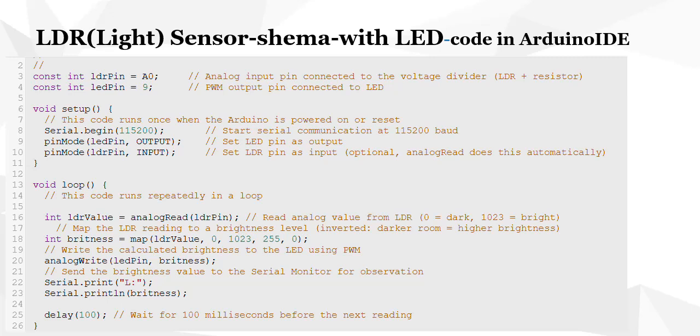In the loop method, at line number 20, we will add a call to the analogWrite method and send two parameters, the LED pin as the first and brightness as the second. This value will be sent as voltage to the positive leg of the diode.